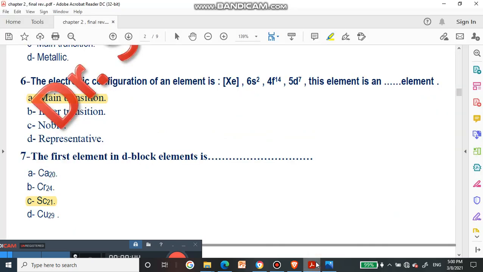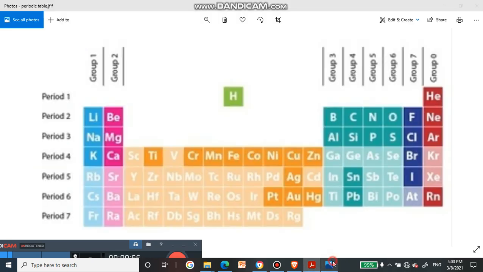Let's go to question number 7. The first element in the d block elements. We want the first element in the d block. Let's see the drawing. This is the d block, and the first element here is scandium.